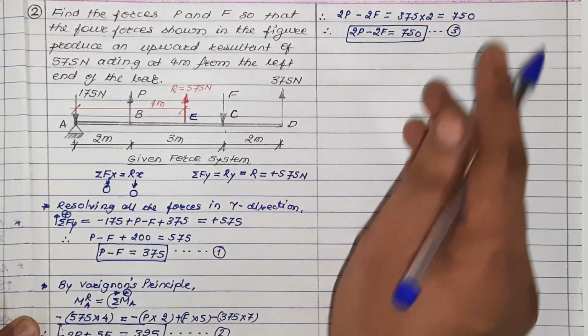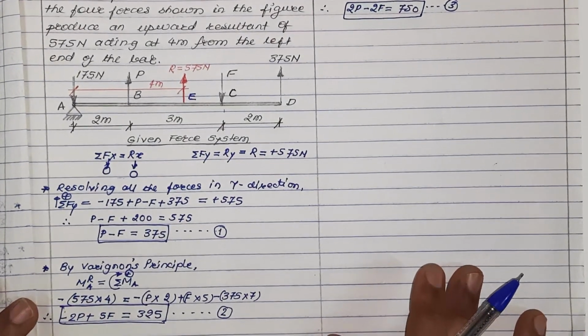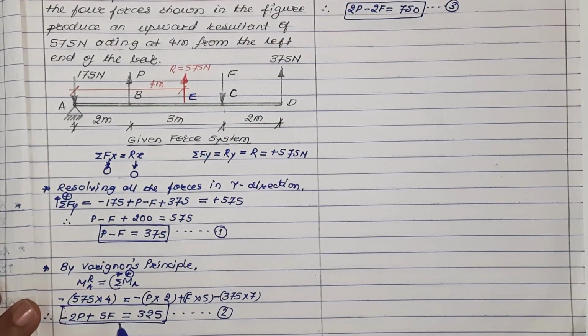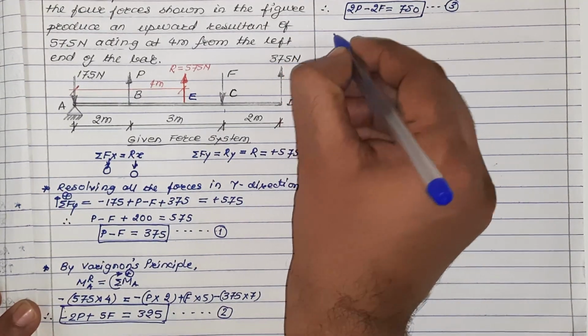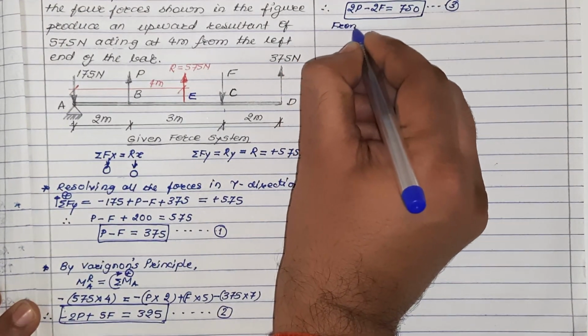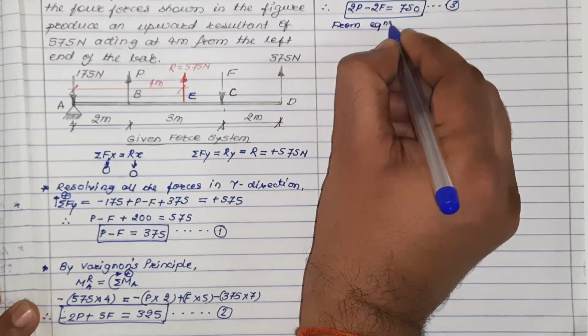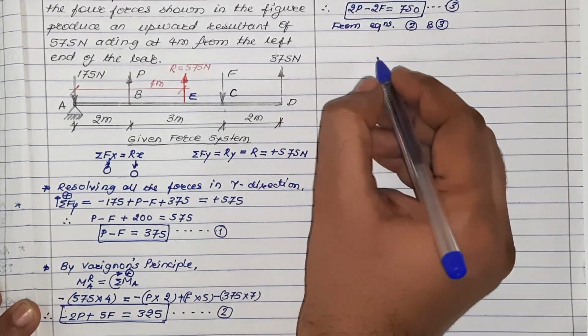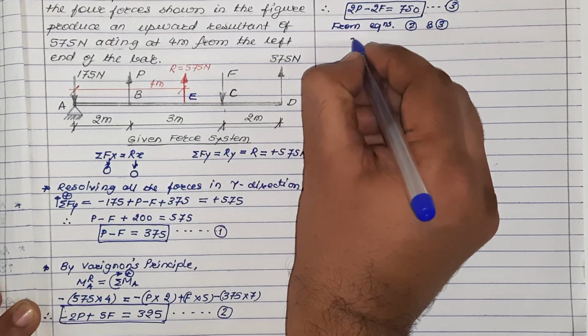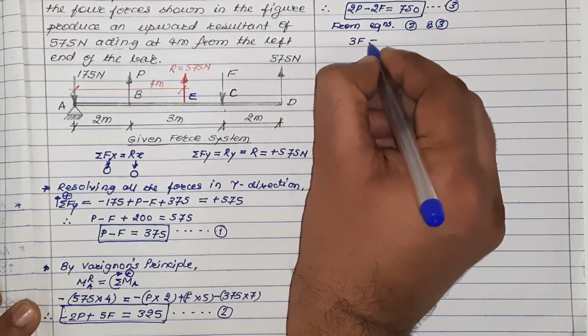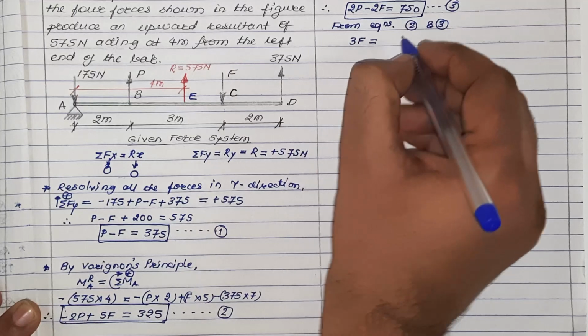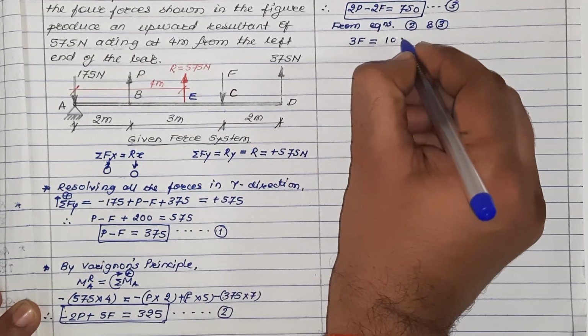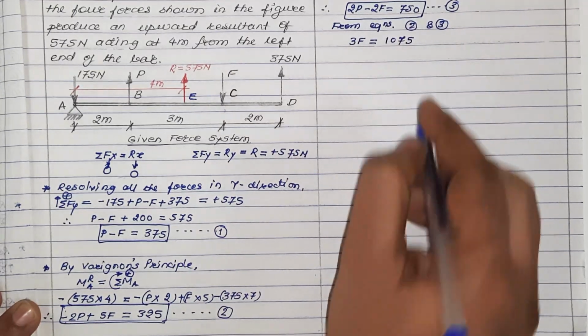Now we will solve equation 3 and equation 2 simultaneously. So adding equations 2 and 3 together, what will we get? 3 times F is equal to 1075.